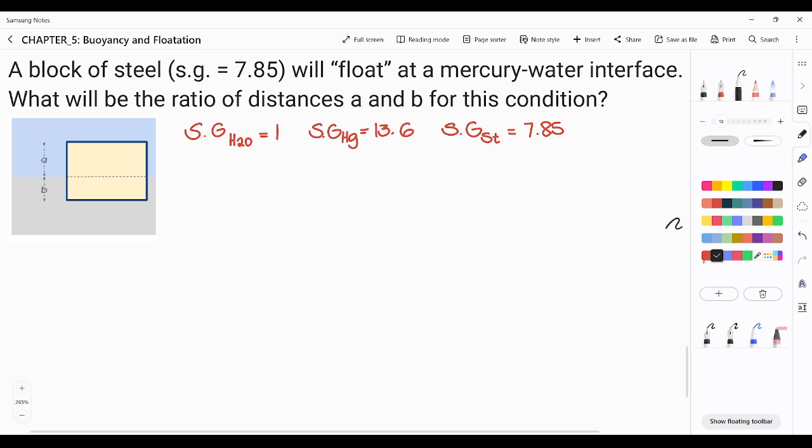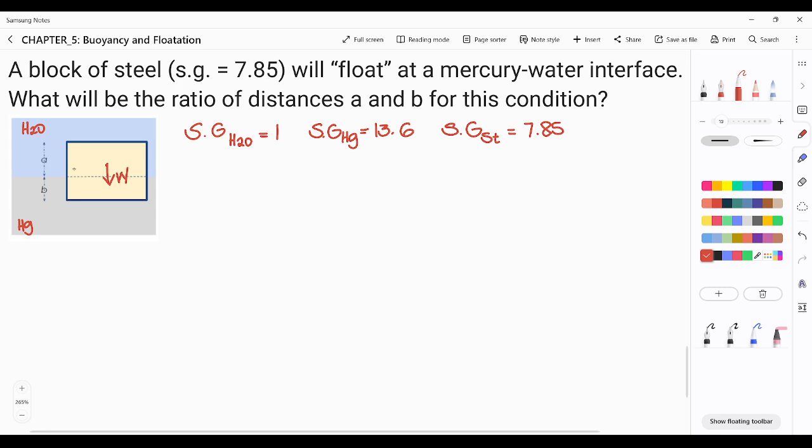So, let's start. For this problem, makikita natin, we have two fluids. Fluid 1 is H2O, and the second fluid is mercury. And our block, uniform naman yung block natin na steel. So, it has a weight.